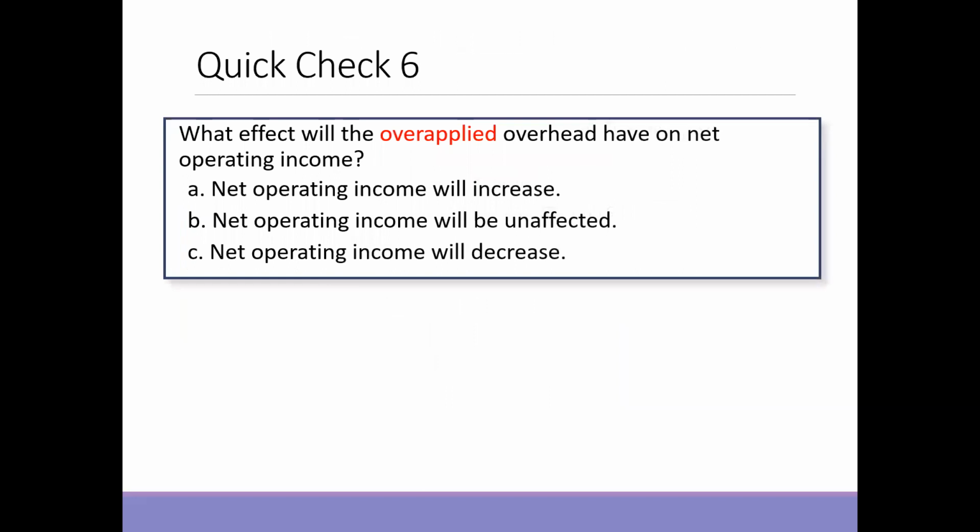What effect will the over applied overhead ultimately have on net operating income? So if we over apply it, it means we showed more cost of goods sold than we really needed to.